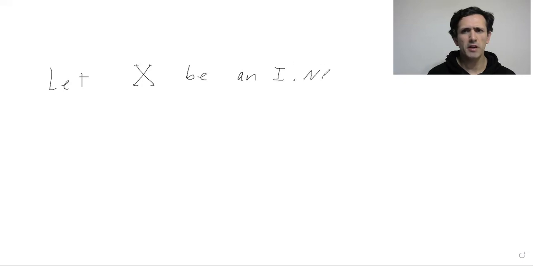Okay, so first I need to talk about the completions of Hilbert spaces. Let's say X is an inner product space, IPS. Just to remind you of the completion, which I called X star, probably not good notation because that's usually reserved for the dual space, but anyway, that's all right.